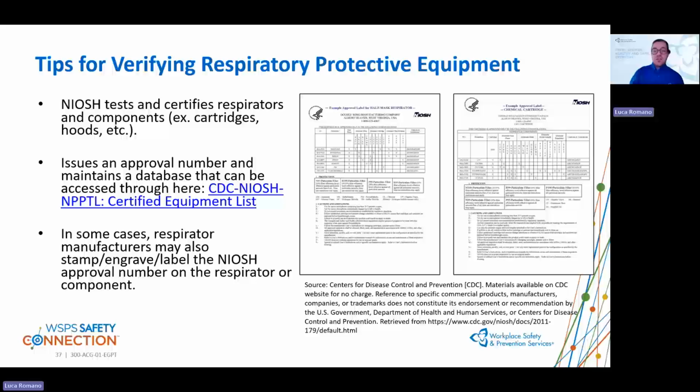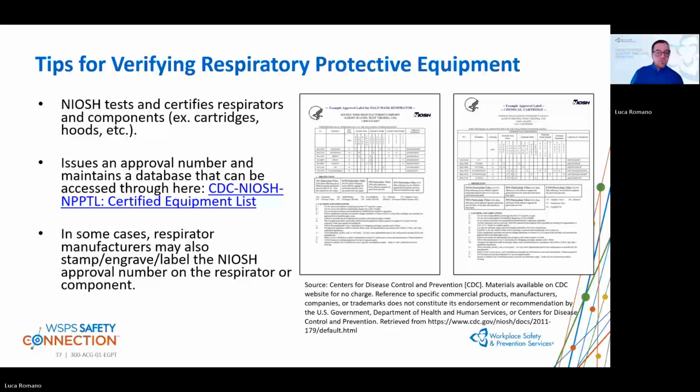If you're interested, you can hopefully click this link and take a look in real time. Once you have the approval number, either on the respirator or component itself or in the documentation that comes with it, you can compare the two and vet it to make sure it is actually approved for that component or respirator device.